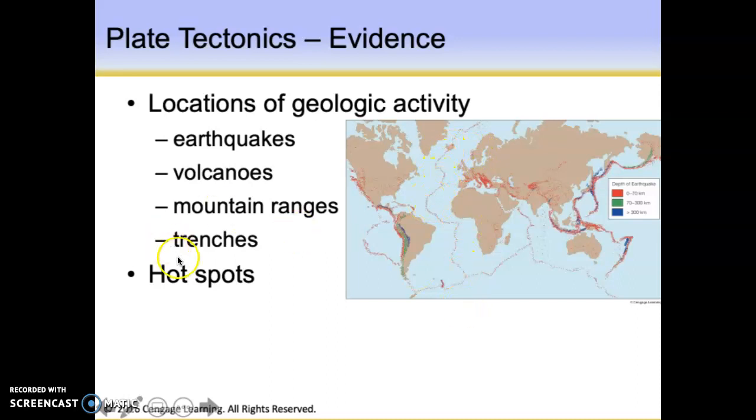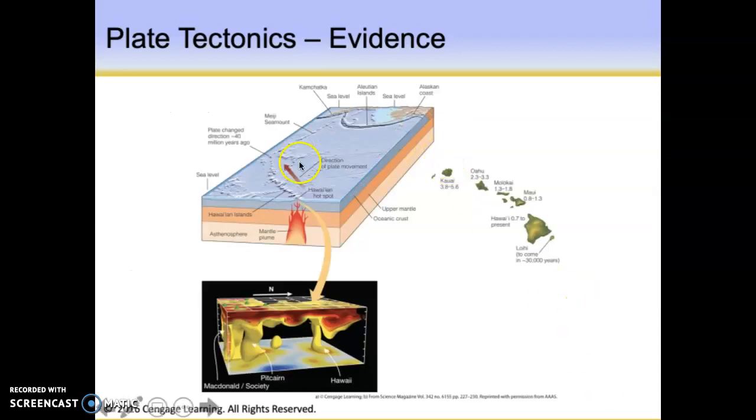The next thing on our slide here, it says hotspots, and let's take a look at what that means. If we look at the Hawaiian island chain, this is just one example, but a very, very good one, we find that the Big Island of Hawaii has active volcanoes. Most notably Kilauea, which is erupting right now. There's lava kind of rising up in its caldera. And then Mauna Loa and Mauna Kea, and the Big Island has a lot of active volcanic activity.